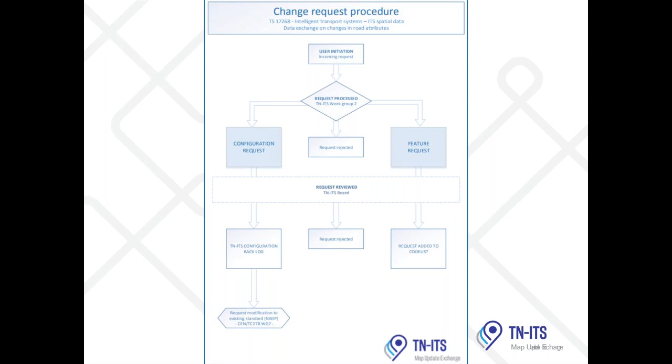Good. And then I have another question, which is more for people who are not technical like myself. I struggled at certain points to follow, but could we maybe have a definition of what the TNITS specification is, what a TNITS feature is, what a TNITS code list is, or what TNITS schemas are?